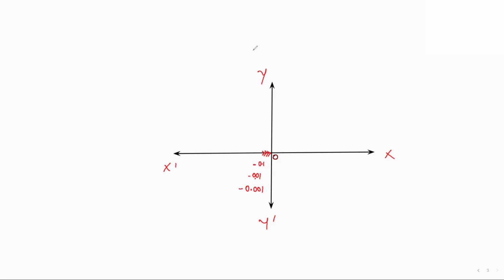Same way, we are going to find this when x is approaching 0 from its right hand side. From its right hand side, I can take the value of x as 0.1, 0.01.